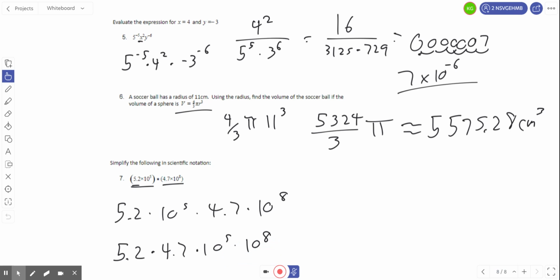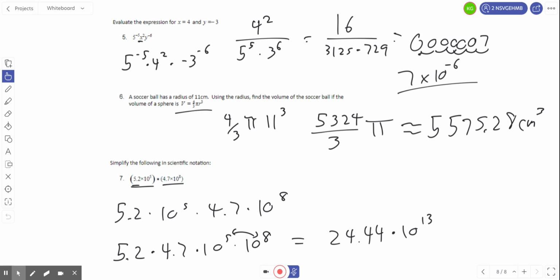And I can multiply my 5.2 times 4.7, and that gives me 24.44. And 10 to the 5th times 10 to the 8th, well, when you have this situation, you just add these exponents. So that becomes times 10 to the 13th.